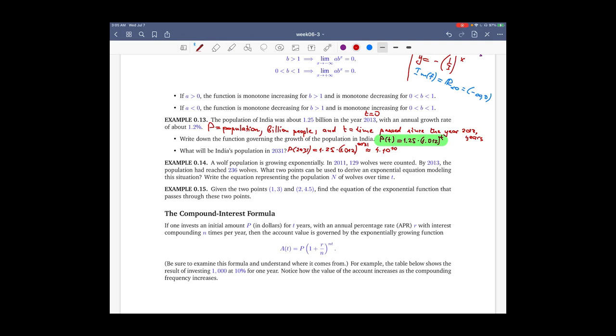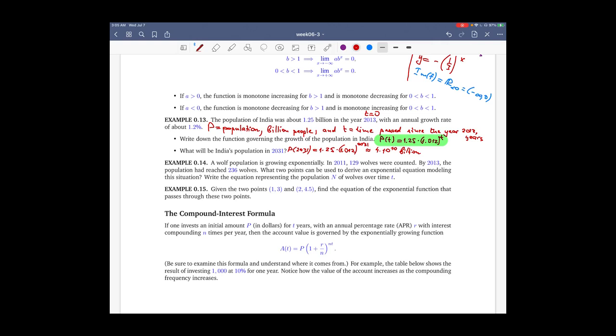It might be possible for India to house 10 to the power 10 people, but we are measuring population not in people, but in billion people. So it will be 4 times 10 to the power 10 billion, meaning billions of people. And definitely that goes against common sense. The entire planet won't be able to house that many people.